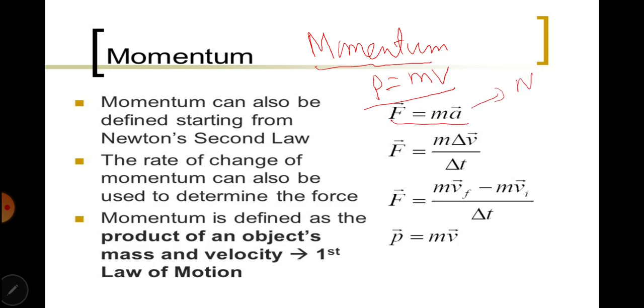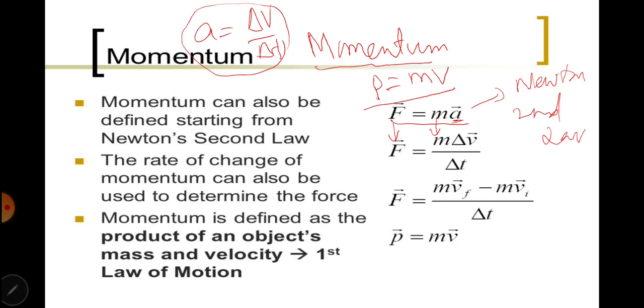This is from Newton's second law. In place of acceleration we write a is equal to delta v divided by delta t, by the definition of acceleration.